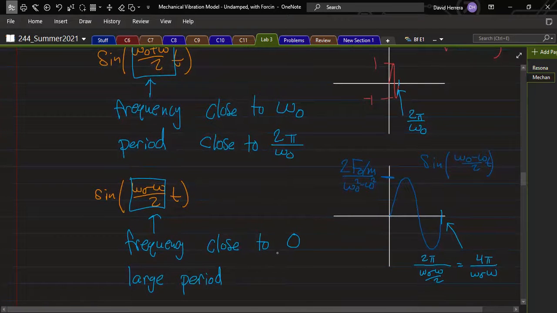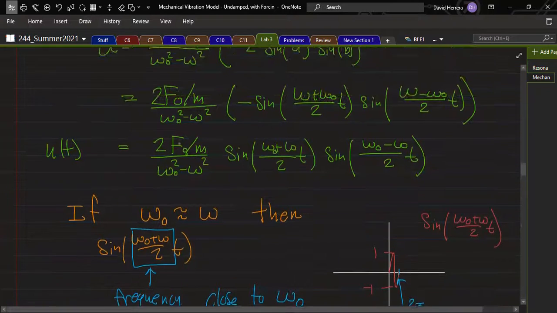So they have a small frequency, this right here. Small frequency means a large period because you're going to do 2 pi divided by frequency. So this is a large period, large at least compared to this right here. So you see a larger frequency, and the amplitude that I'm going to look at is the amplitude that we had up here.